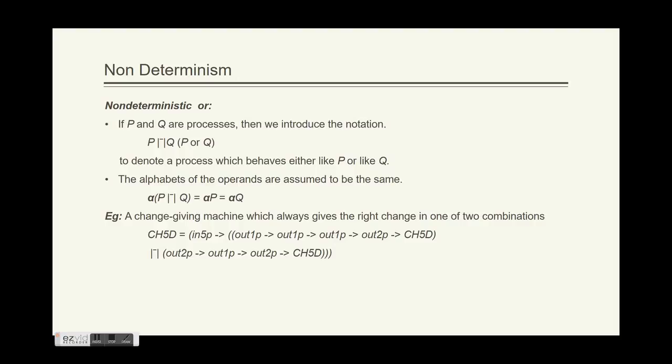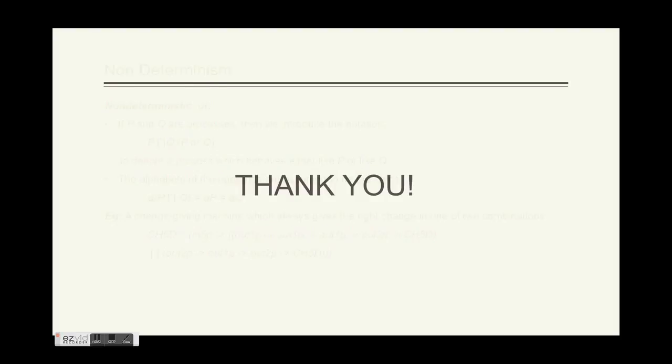So here the customer has no way of knowing whether the machine is going to output the first sequence of events or the second sequence of events. So it is non-deterministic for the customer.